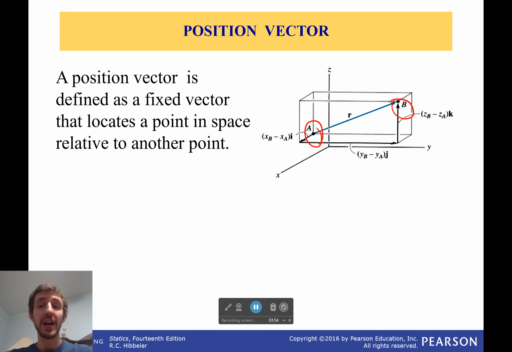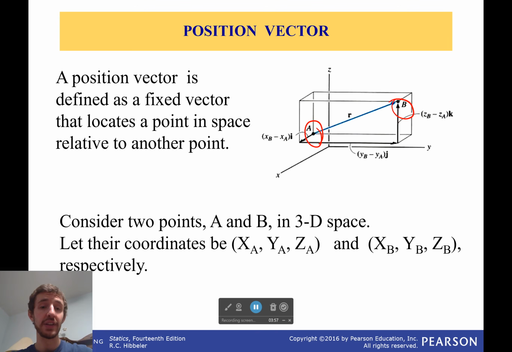So I'll have an X, Y, and Z component of their position from the origin. And if I want to find the position vector from A to B, then I subtract the beginning from the end. So it's always B minus A. If I'm going A to B, I take B and subtract A.